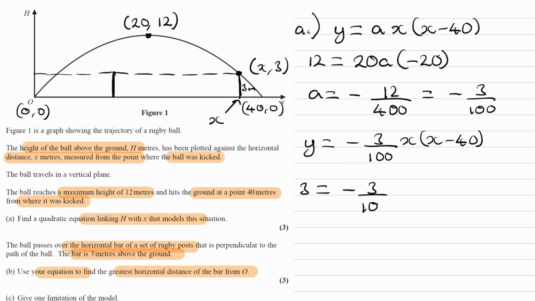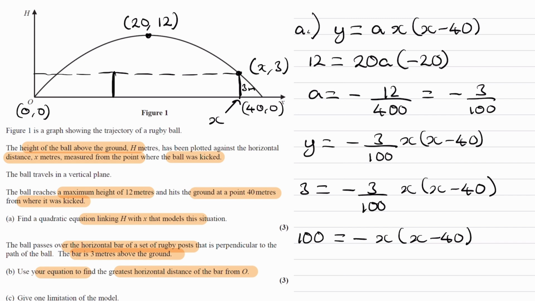So the y-coordinate is 3, so 3 is equal to minus 3 over 100 times x times (x minus 40). I'll cancel out the 3s from both sides and then bring this 100 to the left. So it becomes 100 is equal to minus x times (x minus 40). Again, I've just cancelled out the 3s.